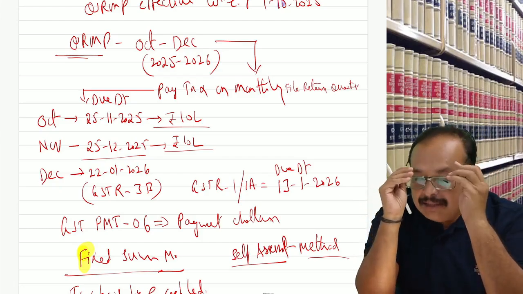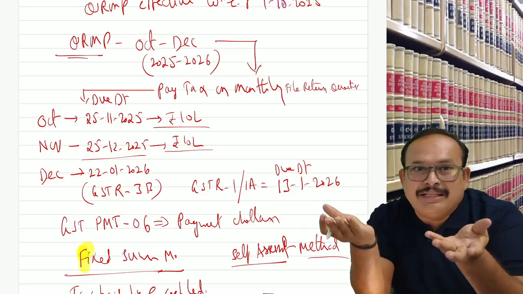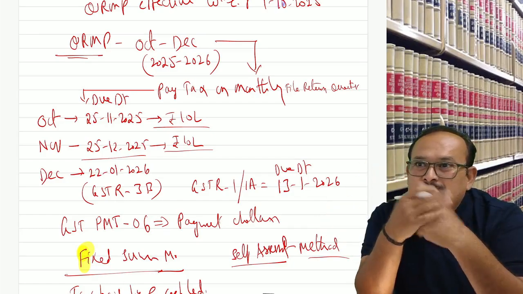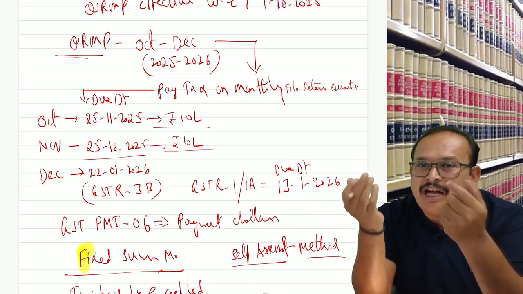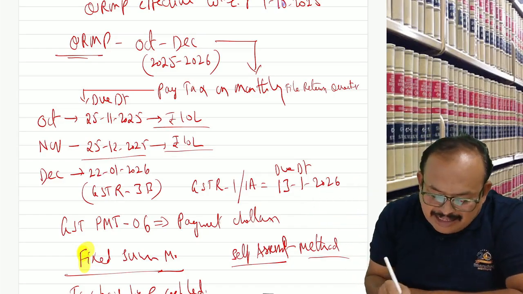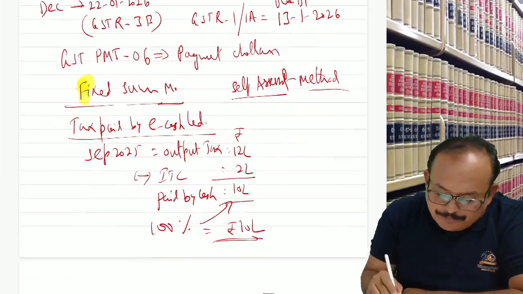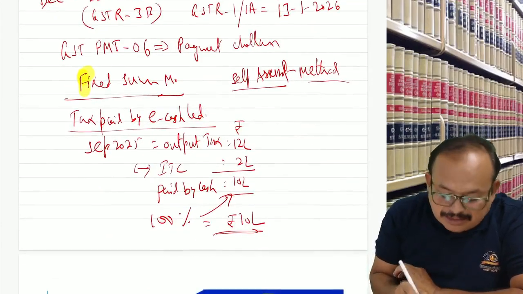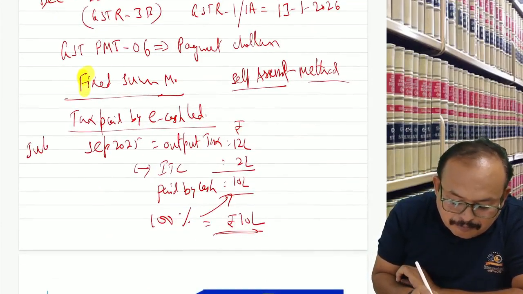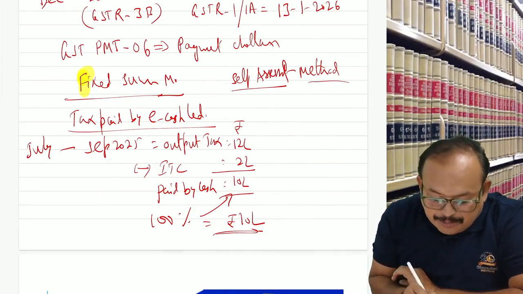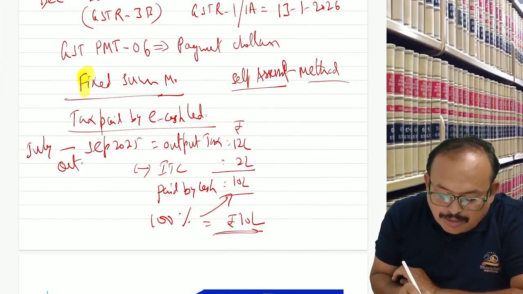In that case, I paid through the electronic cash ledger only previously, because there was no electronic credit ledger. How much did I pay? Sir, 10 lakhs I paid. For example, for the July to September quarter.